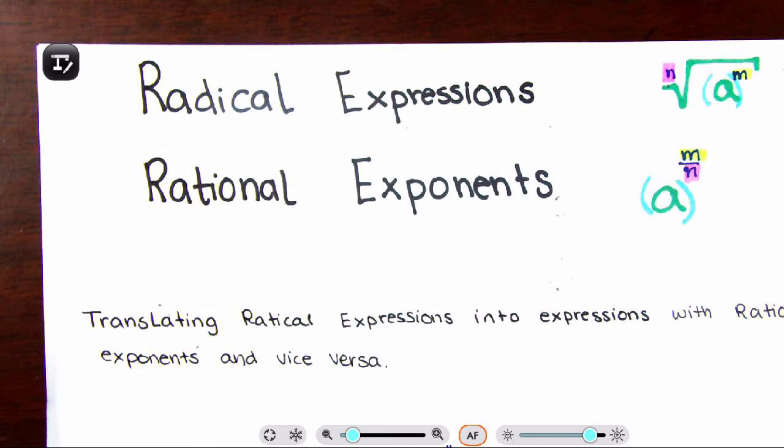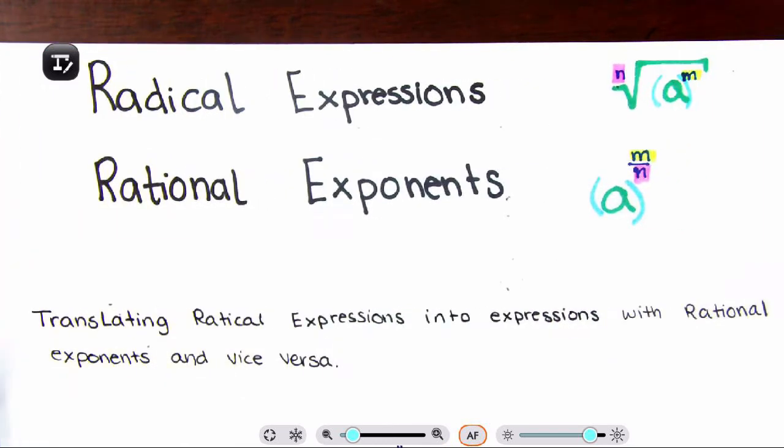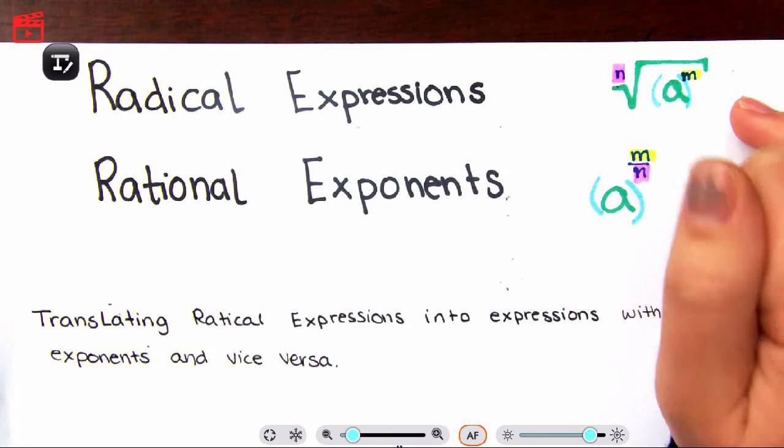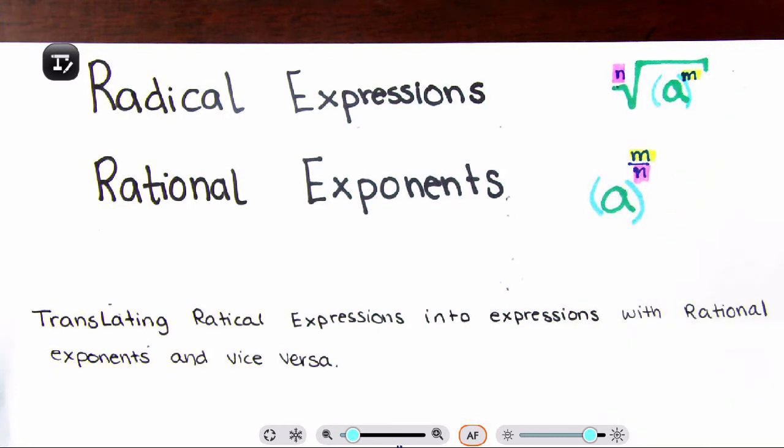Now, what we're going to do is translate radical expressions into rational exponential expressions and vice versa. So what we need to know is this, and I took the liberty of writing this out beforehand. When you have a radical expression, a root of something, you have that root and inside of it is stuff in bubbles.